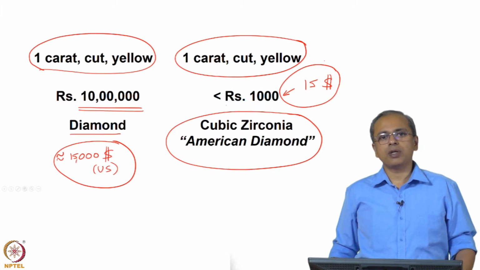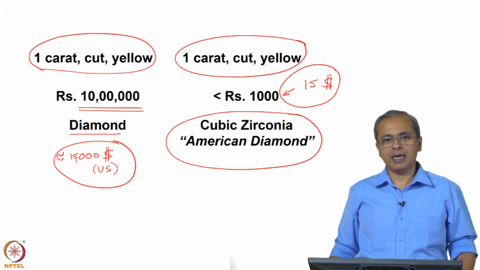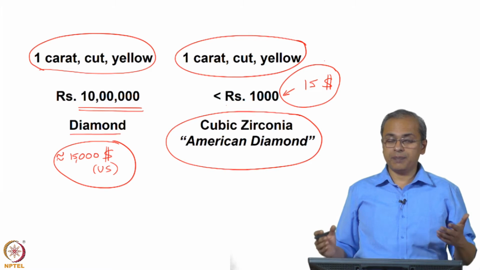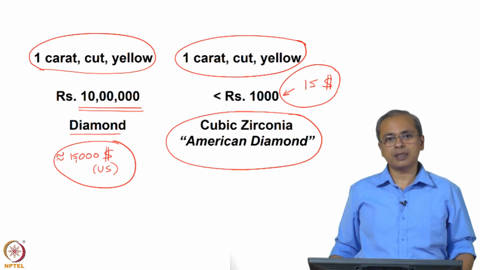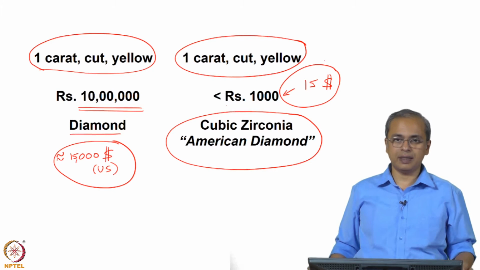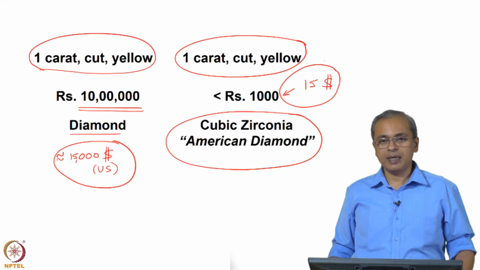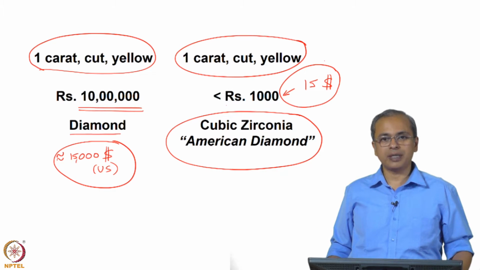And in fact, for a common person such as myself, I would not know the difference. In fact, if anything, the few times that I have been shown gemstones made of cubic zirconia versus the real diamond, I always thought that the cubic zirconia sample looked better.